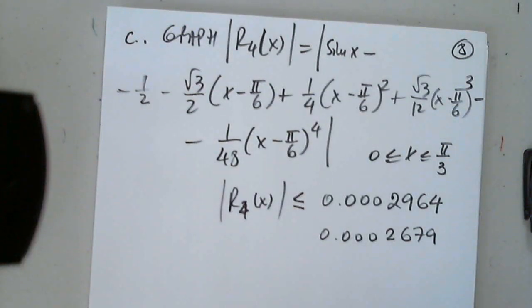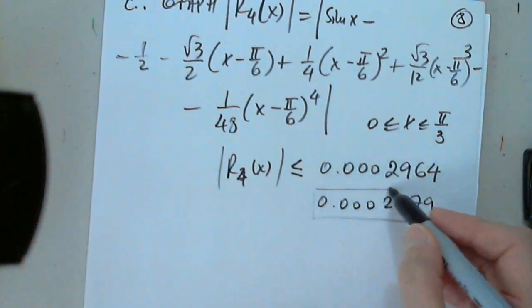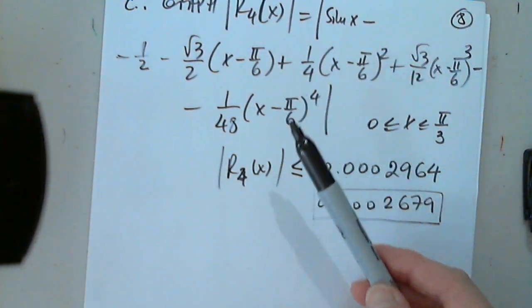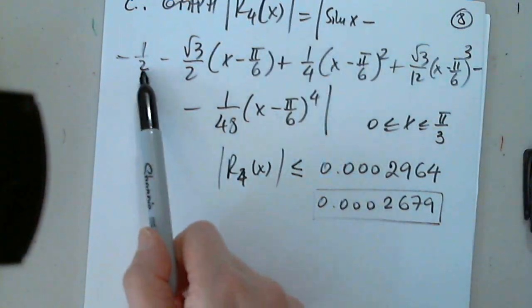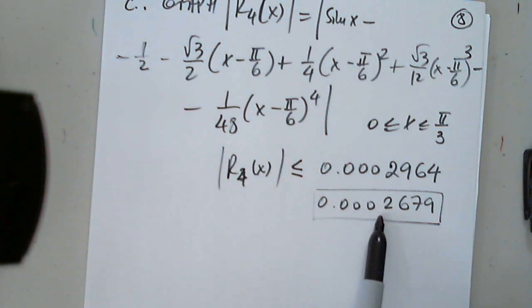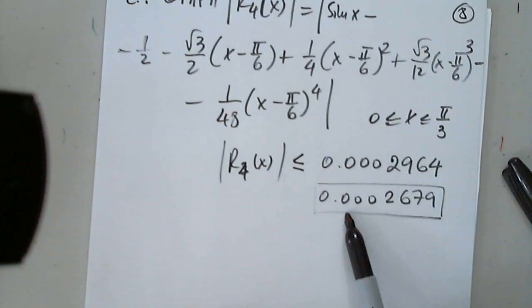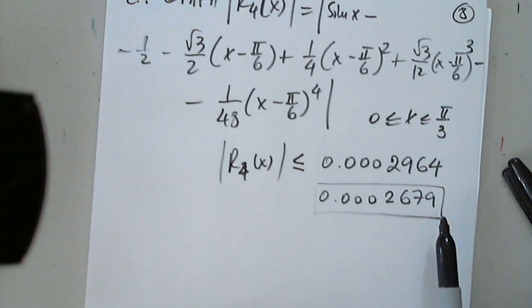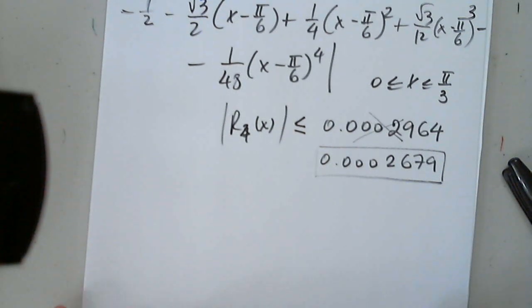Okay, so at pi over 3, it appears that the error using T4 to approximate this function is even less. It's less than what we determined. We can always improve on it. So we did at 0.0002679, smaller than this. Okay, perfect. Moving on.